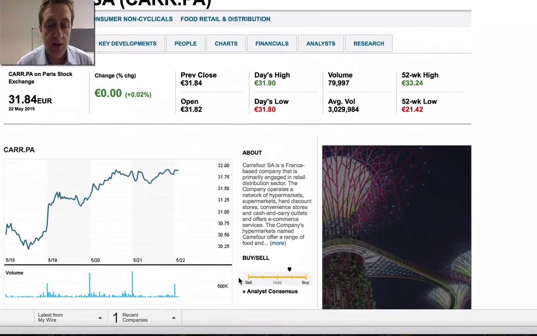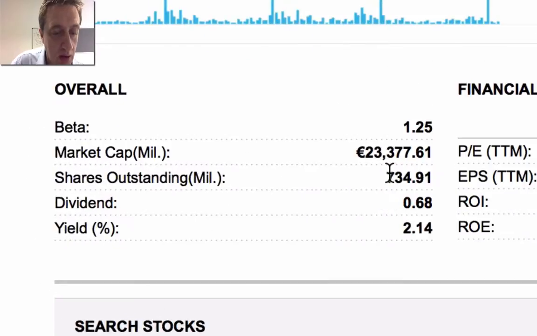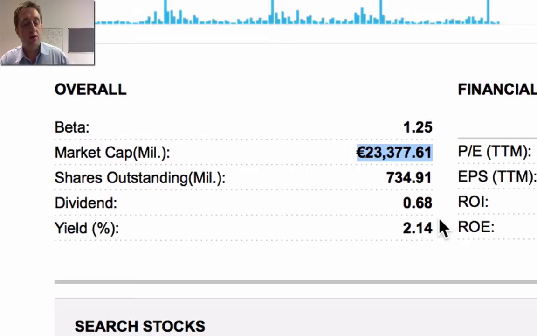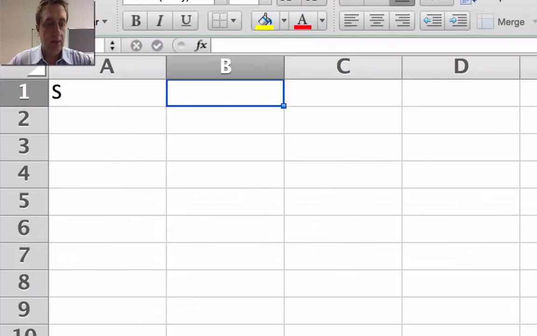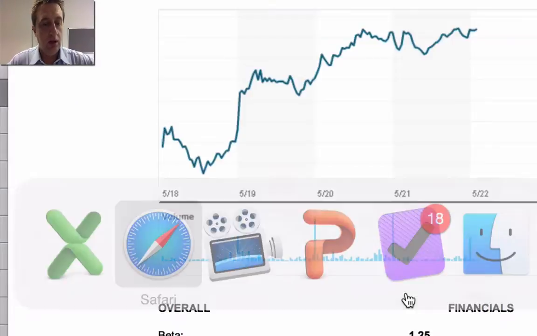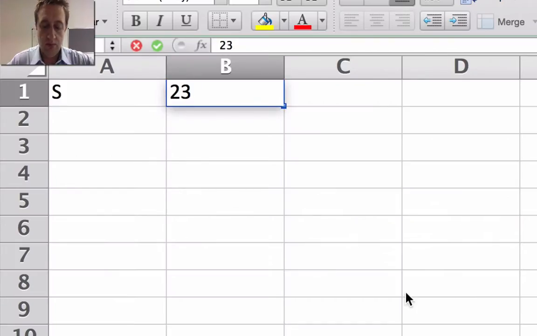Now we want to find the market value. So you just go down, and from here, the market cap in euros is 23,377.61. So I'll put S is equal to 23, I always forget, 377.61.